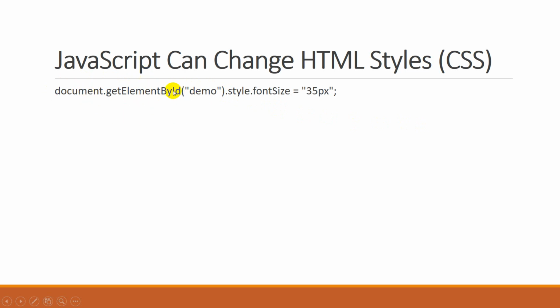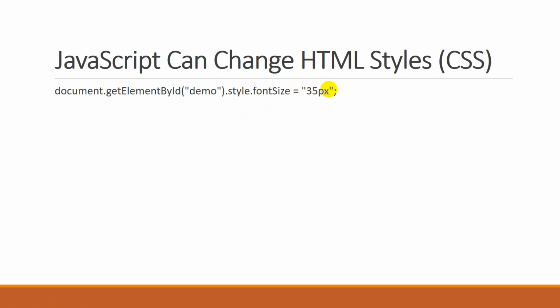We are going to cover these guys, don't worry about them. Again, we are selecting an element using the ID demo, and then we are changing the style and setting the font size to 35 pixels. So this is, again, one of the things that you can do with JavaScript.